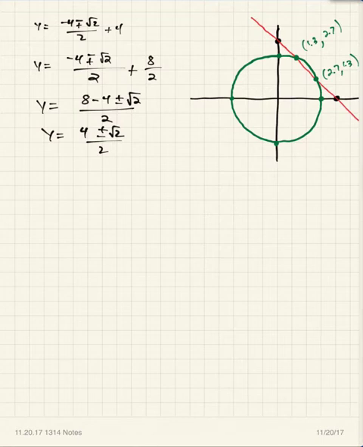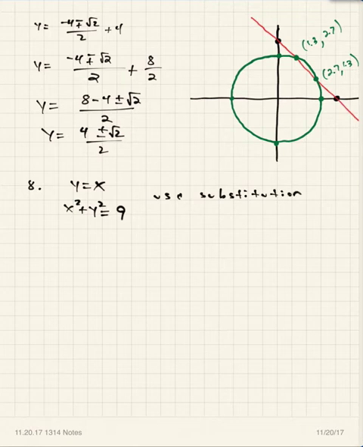All right, so that was a problem where we used substitution to solve the system. So let's look at some other equations. This is problem number 8, where we have y equals x, and x squared plus y squared equals 9. We're going to also use substitution to solve this system.